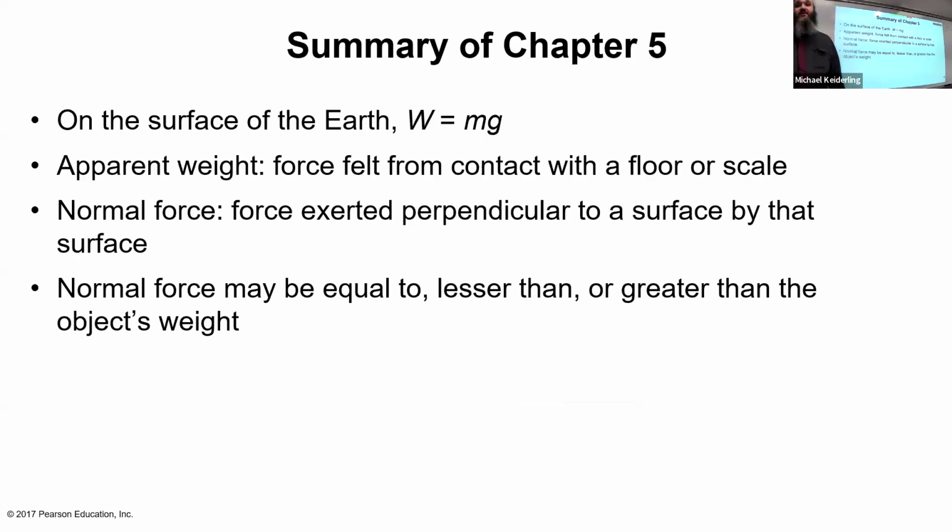Normal force is the force exerted perpendicular to a surface by that surface. And normal force may be equal to, lesser than, or greater than the object's weight. And we use normal forces to do things all the time. Because it turns out normal forces are closely tied with friction. And so when we want friction to happen, we add normal forces.